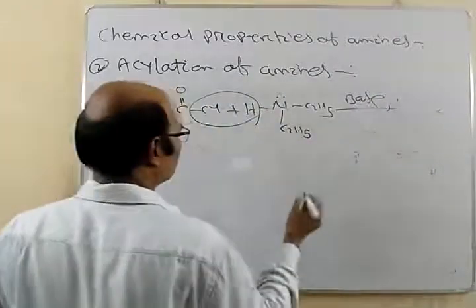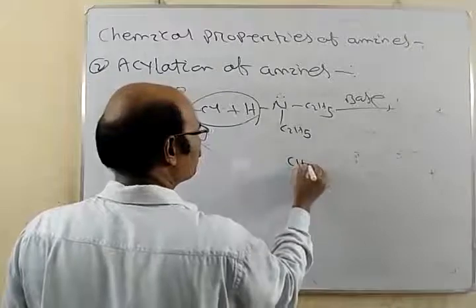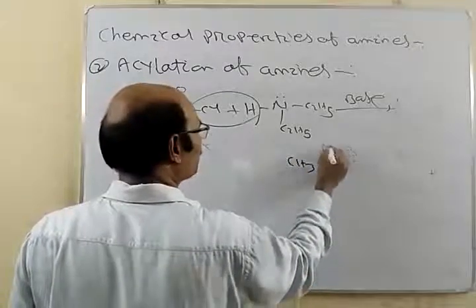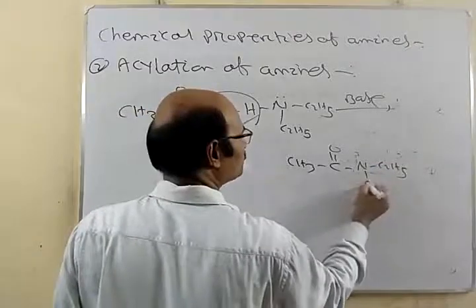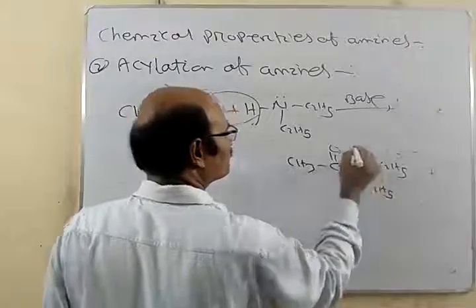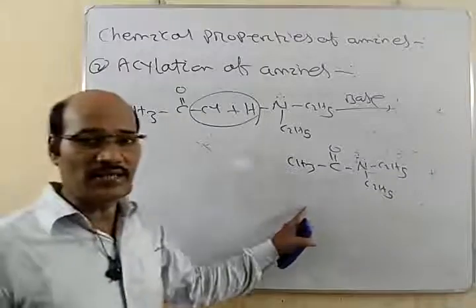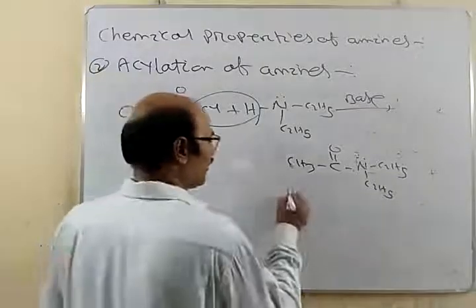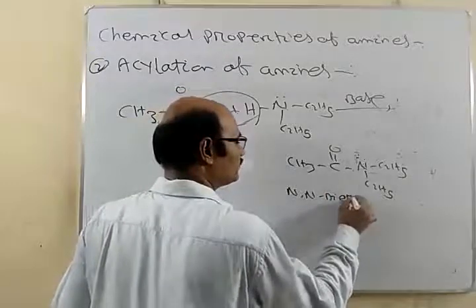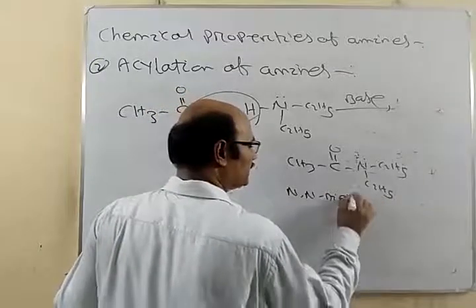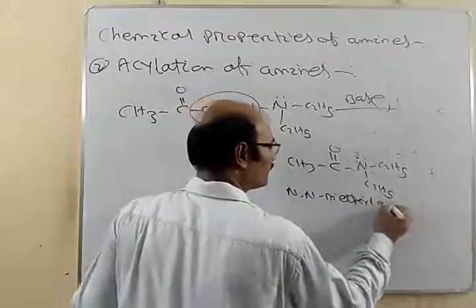We get CH3, C double O, N(C2H5)2. This is what? N,N-diethyl acetamide.